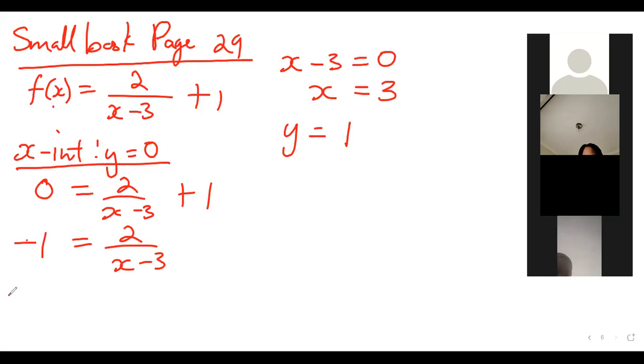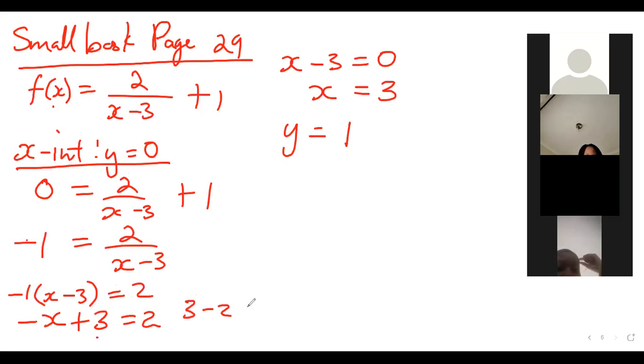Cross multiply, it will be minus 1 multiplying x minus 3 being equal to 2. So it will be minus x plus 3 equal to 2. Right, so to find my x, I can take the x to the right and the 2 to the left. So it will be 3 minus 2 is equal to x. That means x is equal to positive 1. That's the x-intercept.